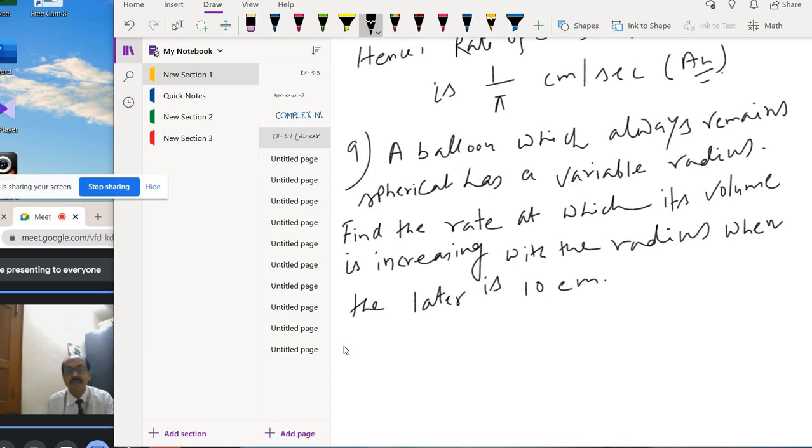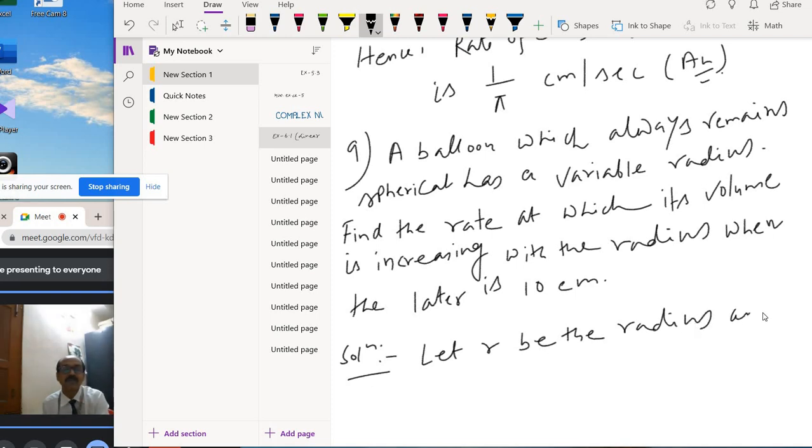So let R be the radius and V be the volume.